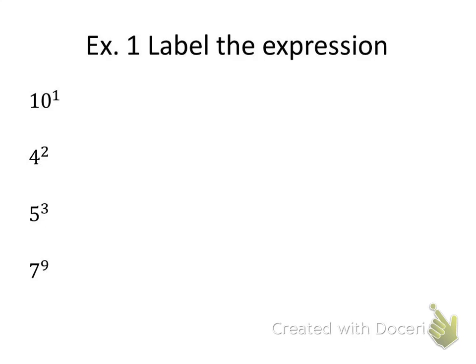Perfect. That's what I want you to write. It's always read the base number first. So this is my base, 10. So I say 10 to the whatever my exponent is comes next. So this one, it's first power.